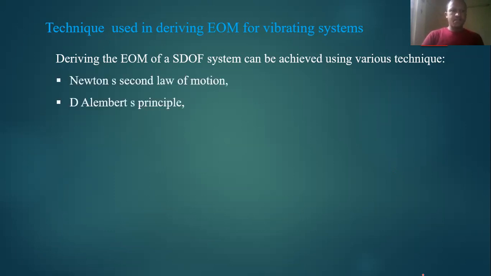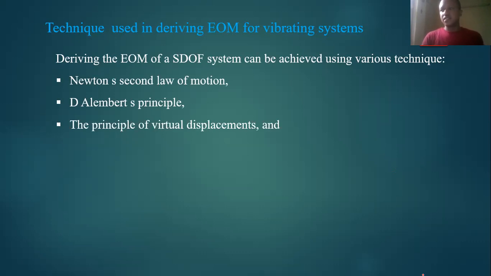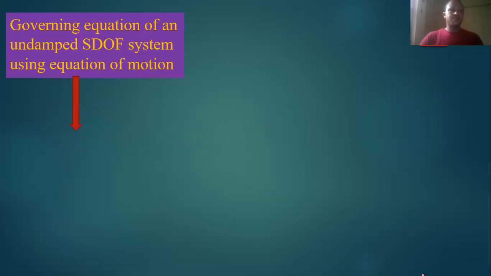Newton's second law is one of the principles that we use. D'Alembert's principle is another, the principle of virtual displacement, and the principle of conservation of energy.